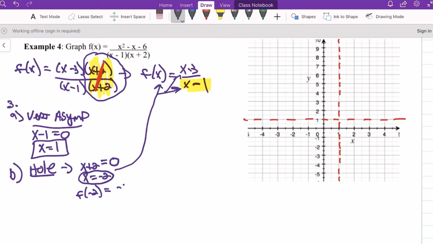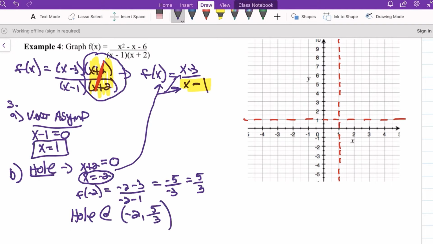This is negative 2 minus 3 over negative 2 minus 1, which gives us negative 5 over negative 3, which is 5/3. So we have a hole at the point negative 2, 5/3.